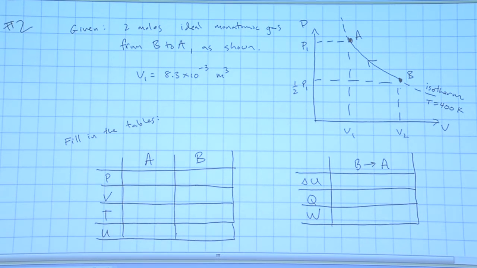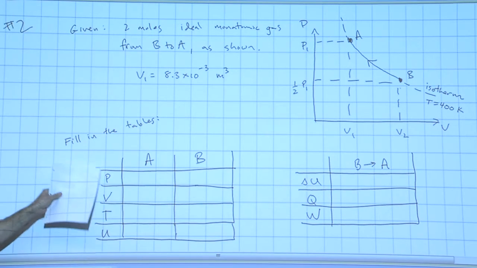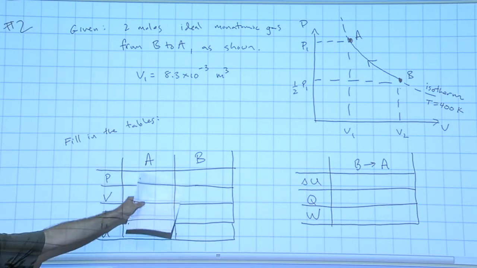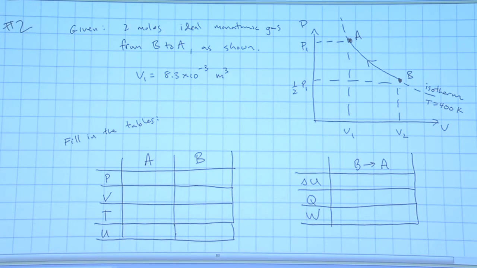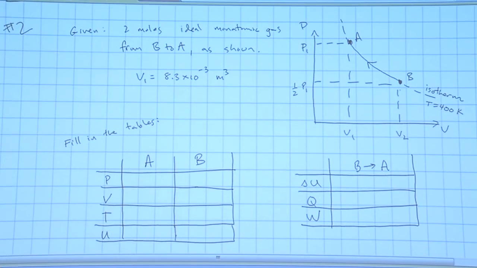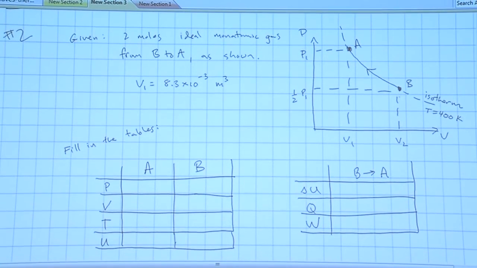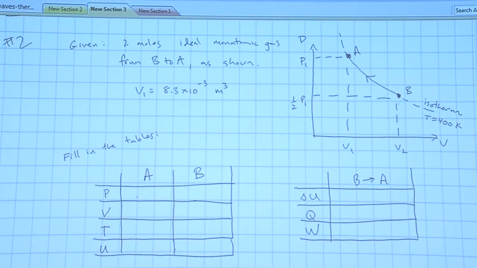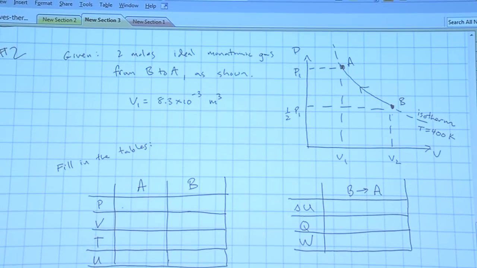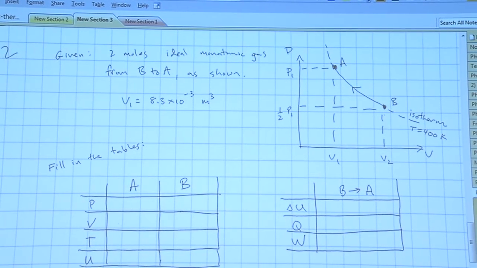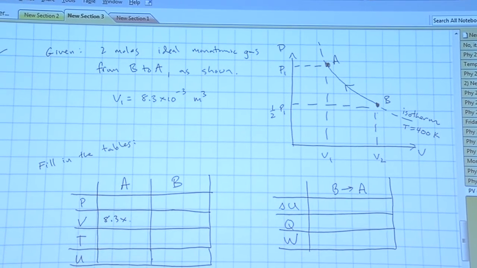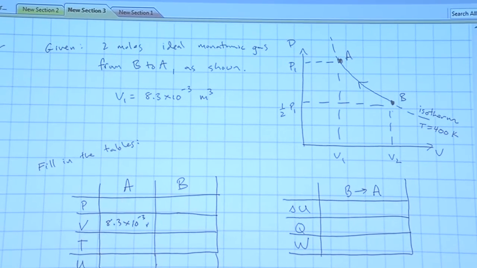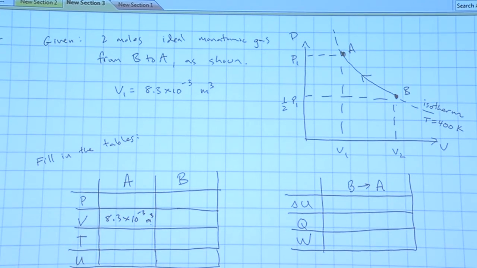I'm going to make tables like I always do for the states, A and B, and for the process going from B to A. So let's fill in the given information. The volume is given at A, 8.3 times 10 to the minus 3 cubic meters.